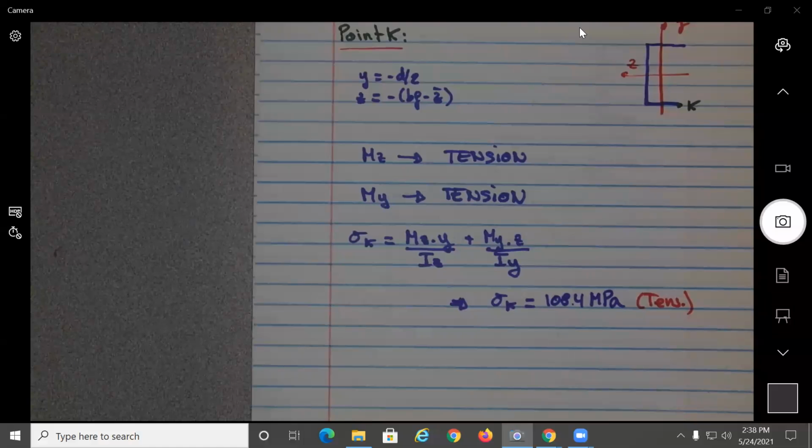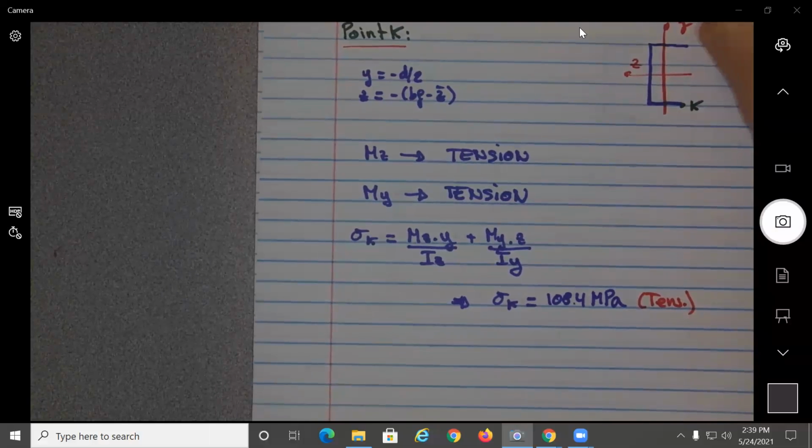And this should be page 29. Okay, and finally, that's why we did all this example.